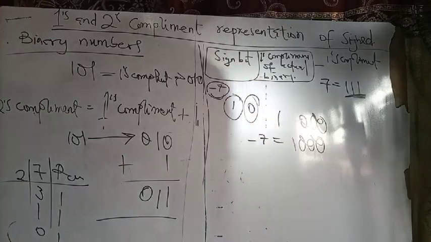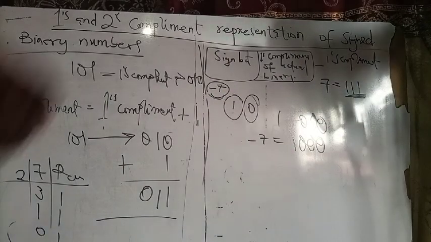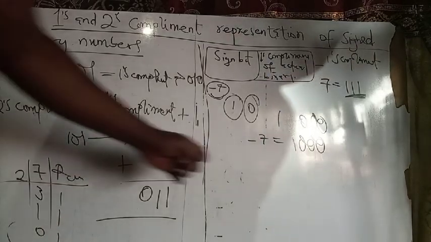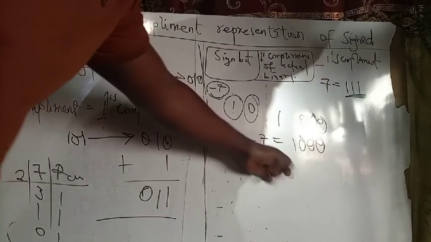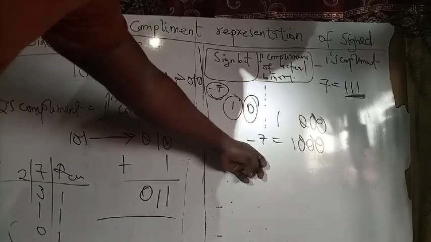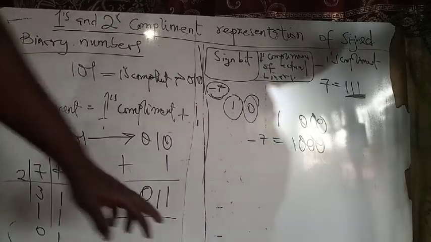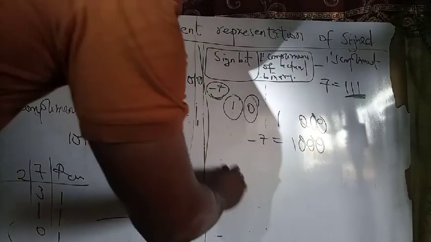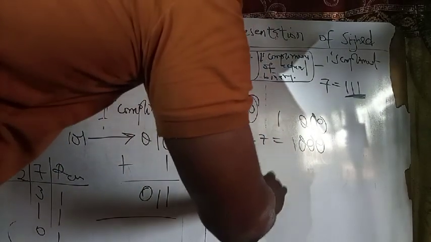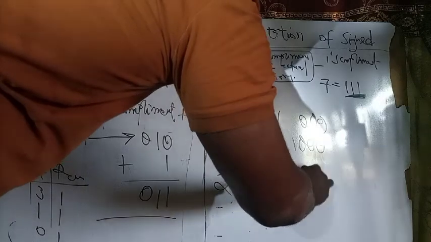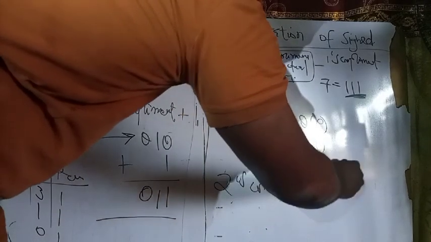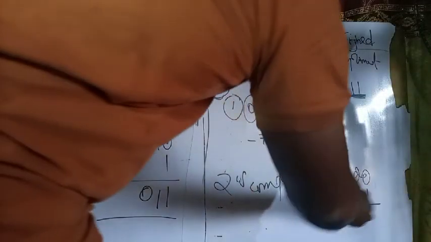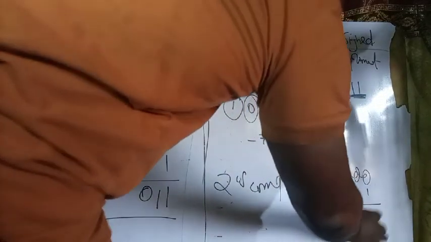Okay, let us get our two's complement. In finding the two's complement, what you are actually going to do is add 1 to your one's complement. So my two's complement of my signed binary number is equal to my 1000 plus 1, which I'm going to get 1001.